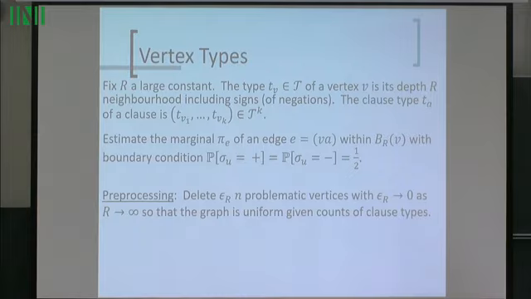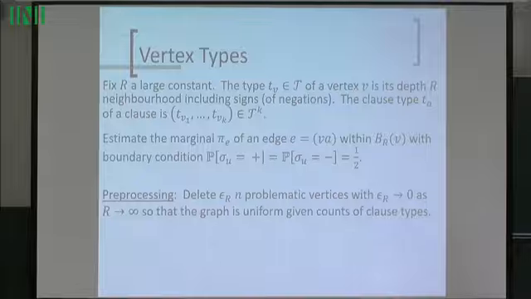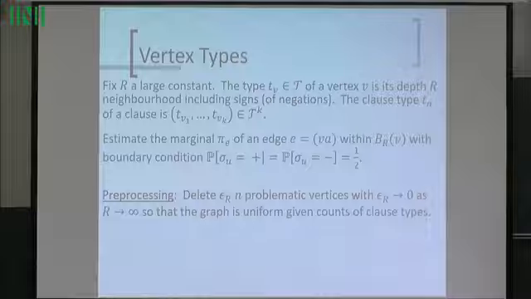We're going to condition on the number of different vertex types and clause types we have, but only after we've deleted some really bad vertices. The variable that's in the most clauses will be in log n over log log n clauses.